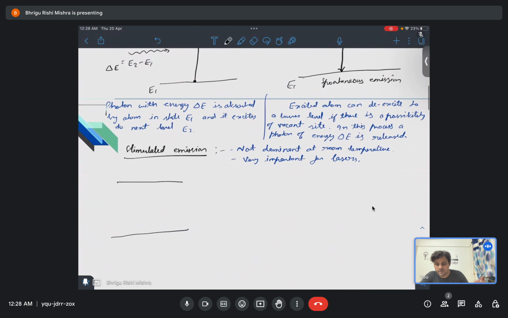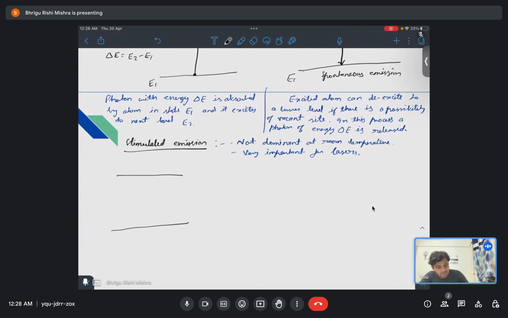It is not spontaneously emitting a photon. The energy difference between E2 and E1 is delta E, and we send a photon of energy delta E, which is E2 minus E1.